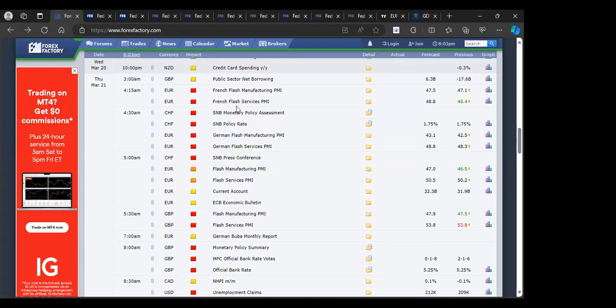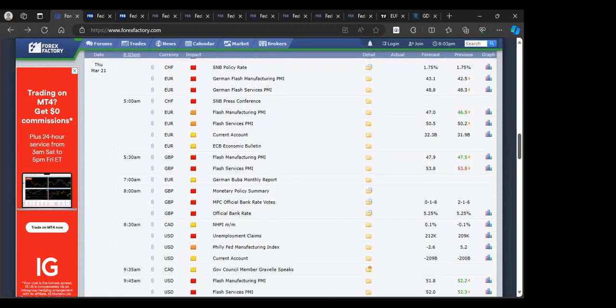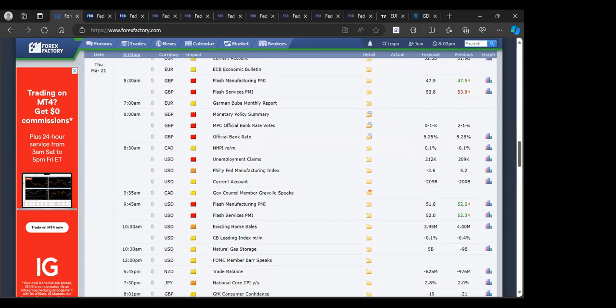So flash manufacturing and services news coming out for most of the Eurozone, the European Union, the UK, and the Swiss bank has rate and policy news coming out tomorrow. The United States has flash manufacturing and services news coming out tomorrow.